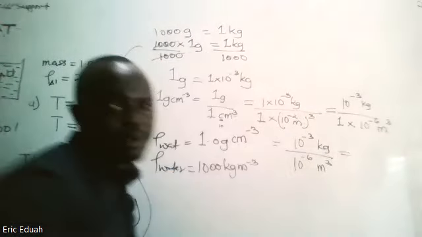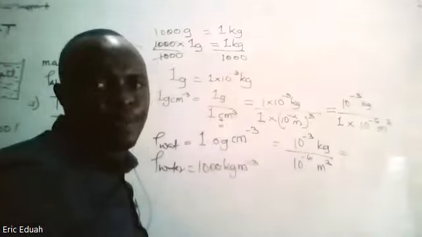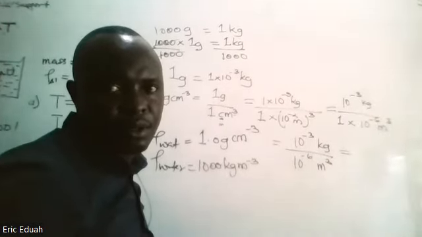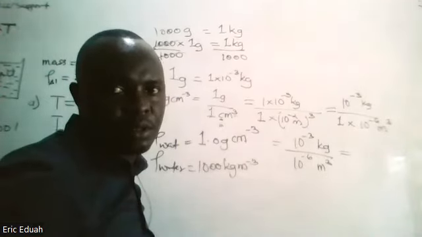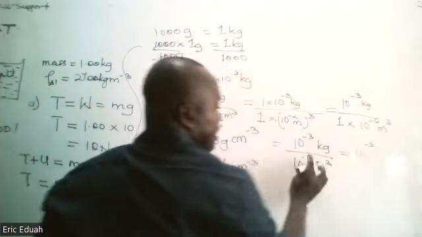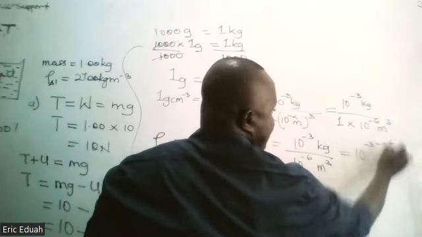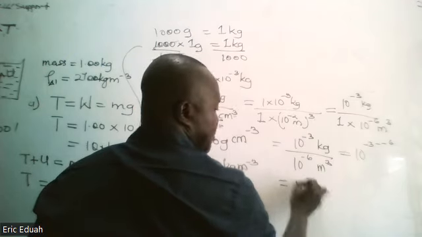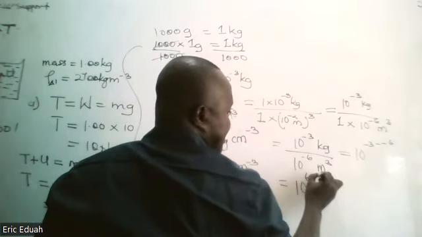It means we have 10 to the power negative 3 minus 6, 10 to the power 6 minus 3.